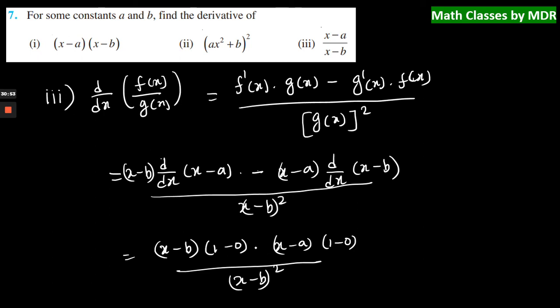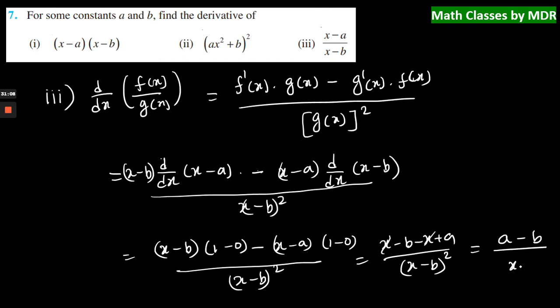So we can see here this is x minus b minus x plus a by x minus b whole square. So x gets cancelled. So what is the final answer? A minus b by x minus b whole square is the derivative of x minus a by x minus b.